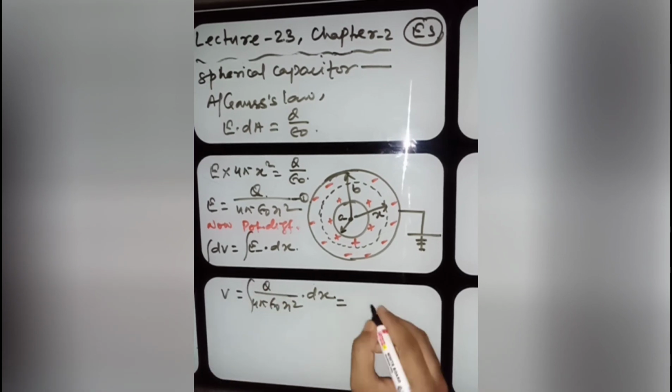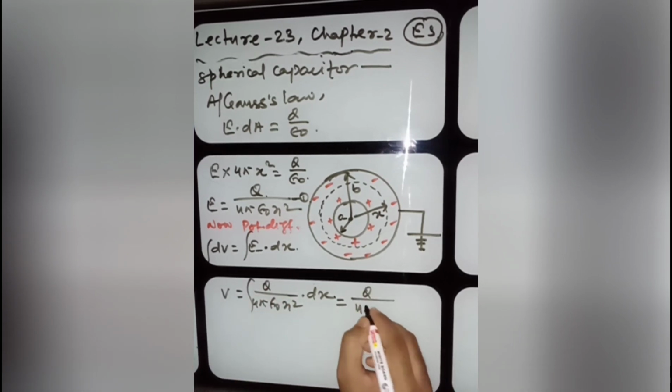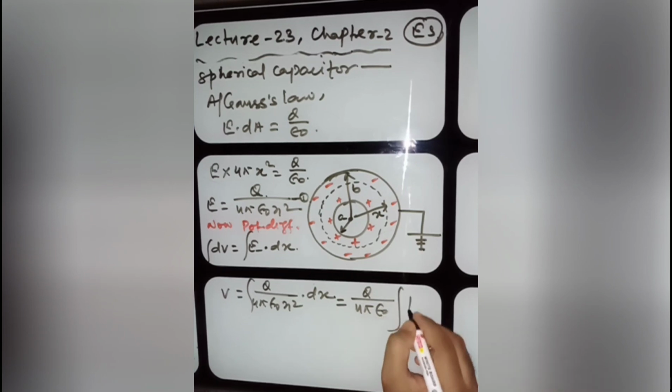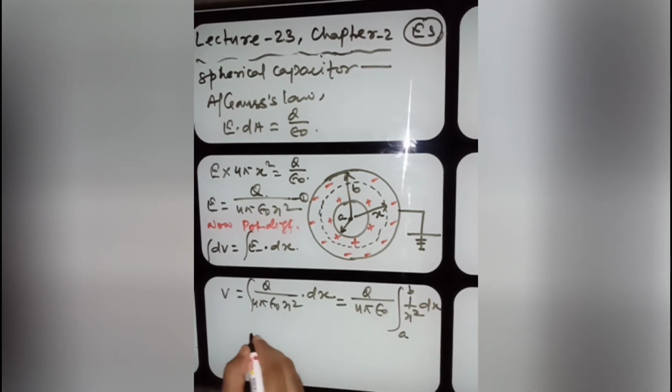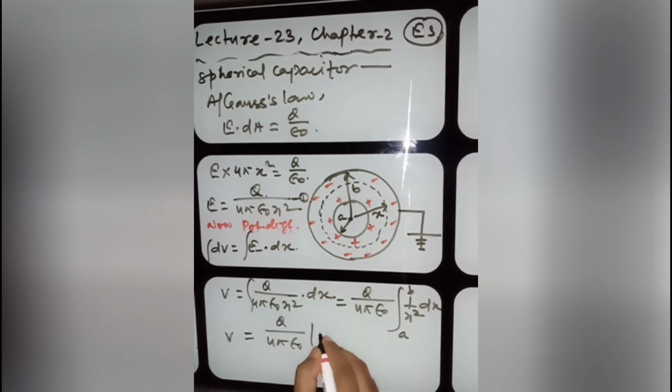So the constant will be taken out. Q by 4 pi epsilon naught, it is the constant, 1 by x square dx from A to B, and this will be V equals Q by 4 pi epsilon naught times the integration of 1 by x square, which will be minus 1 by x from A to B. So Q by 4 pi epsilon naught times minus 1 by B plus 1 by A.